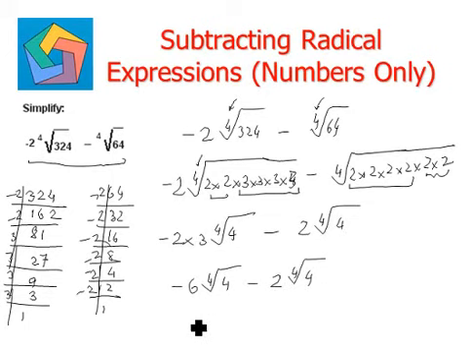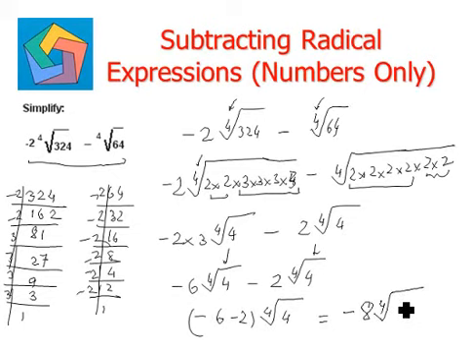So now inside the radical we have the same numbers, so we can subtract: negative 6 minus 2 times fourth root of 4. Negative 6 minus 2 is negative 8. Negative 8 fourth root of 4 is the final answer. That's how we solve it.